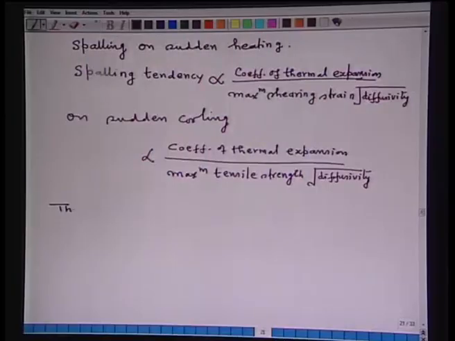Another important property of a refractory is its thermal conductivity. Thermal conductivity of the brick determines the heat loss from the wall to the atmosphere. Increase in porosity will decrease the thermal conductivity, but decreases the strength also.